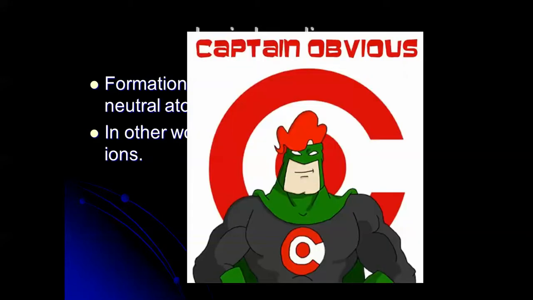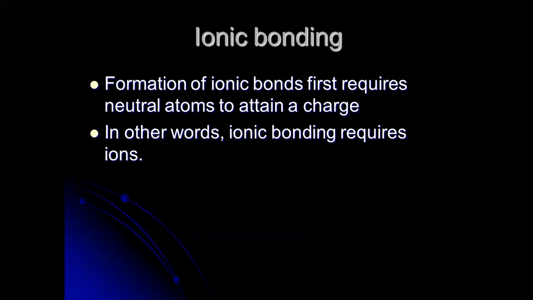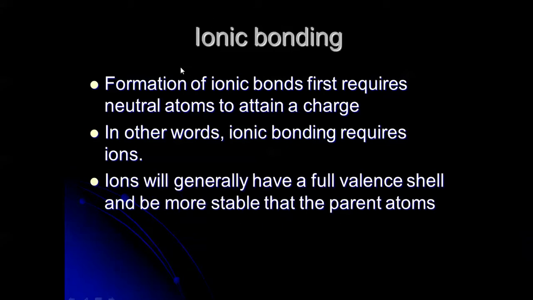Now, before you accuse me of being Captain Obvious, you'd be surprised at how often students make that mistake or sort of forget about that down the line. But let's use this scientific terminology, and please never forget that ionic bonding indeed does require ions and that charged particles be present.